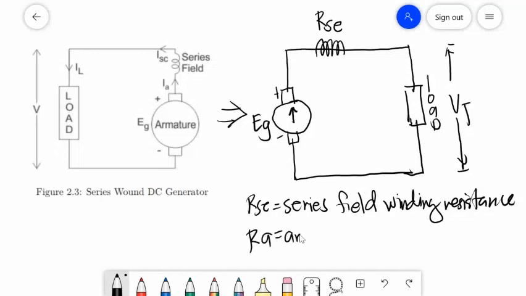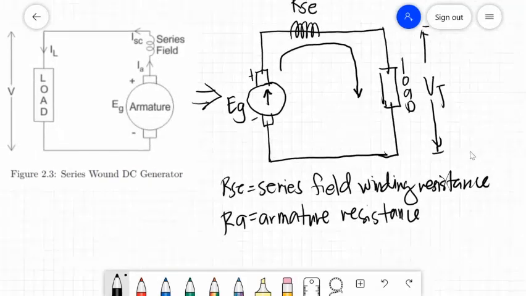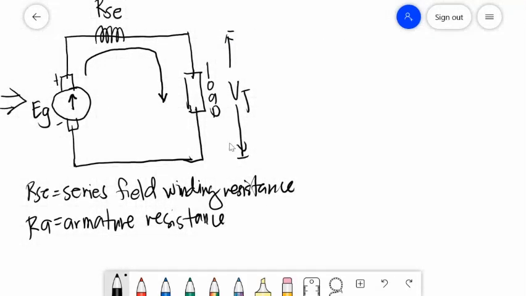Always, the armature resistance is inside the generator. The flow of current will be from negative to positive. We can see here that this is your IA, direction of ISE, and then the direction of your load current.